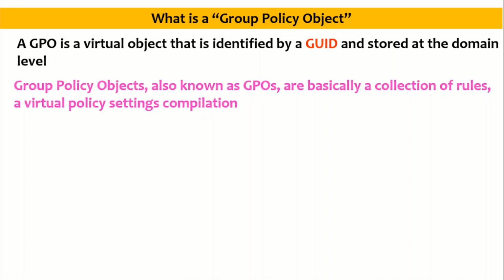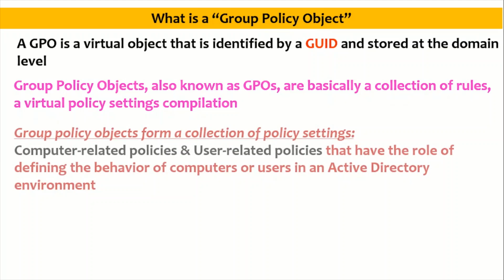Group policy objects, also known as GPOs, are basically a collection of rules, a virtual policy settings compilation. So group policy objects form a collection of policy settings, computer related policies and user related policies that have a role of defining a specific behavior for a computer or a user in an Active Directory environment.